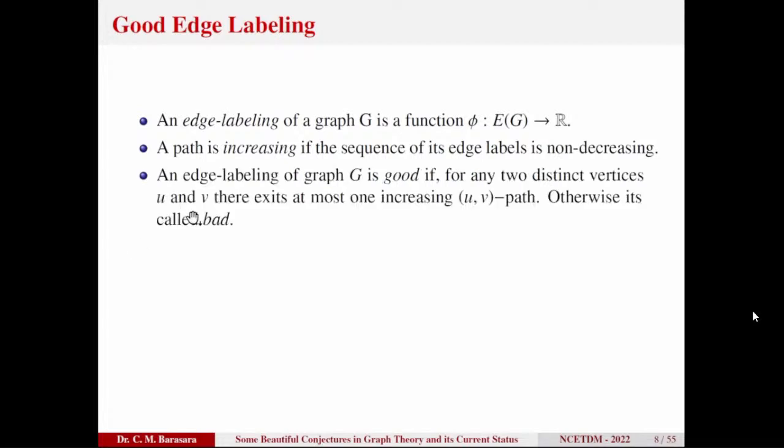An edge labeling of graph G is called good, or a graph is called a good graph, if for any two distinct vertices U and V, there exists at most one increasing UV path. And if this condition is not satisfied by a graph, then it is called a bad graph.